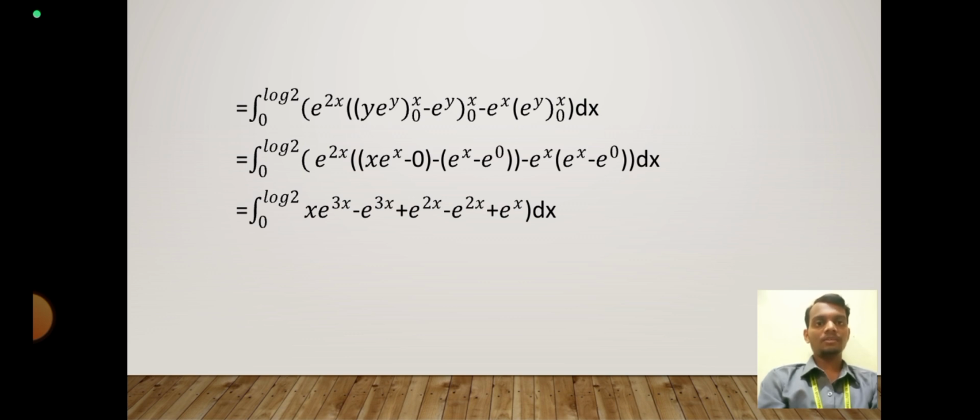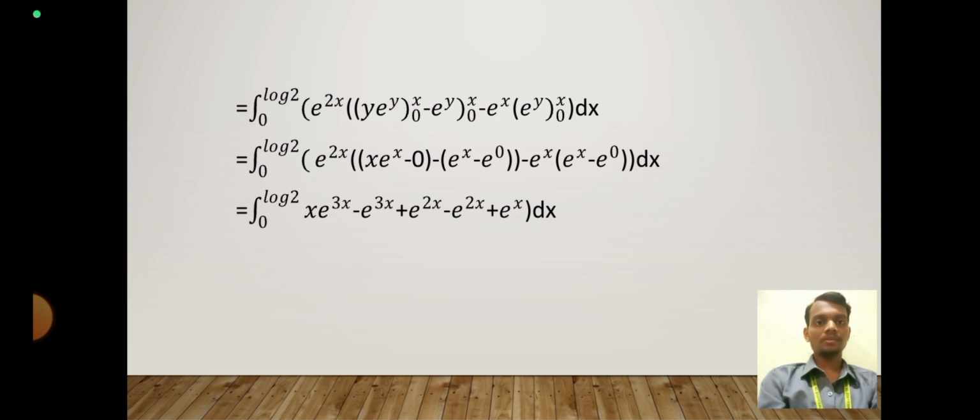Integral 0 to log 2, e power of 2x x into e power of x minus 0 minus e power of x minus e power of 0 minus e power of x into e power of x minus e power of 0. We know e power of 0 is equal to 1.